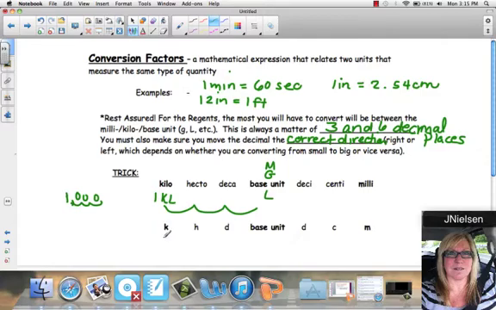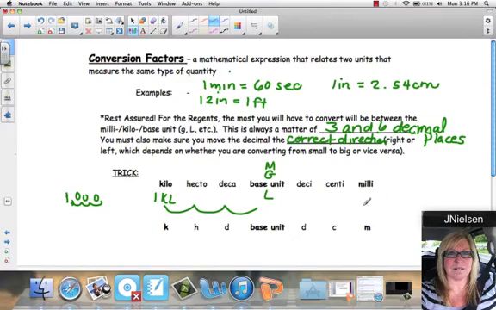Or I can go back to my chart on the previous page, and we know that kilo is 1,000, and my root word here is liter. So we take 1,000 and we multiply it by liter, so it's 1,000. Notice I'm going from something very large, kilo, to a base unit. What if I were going from milli?